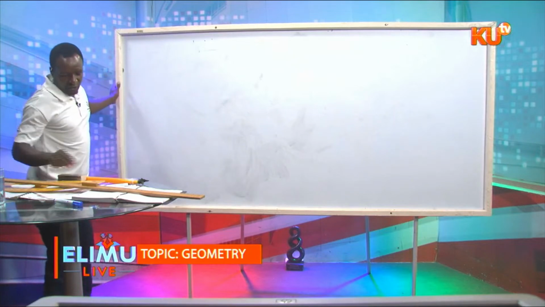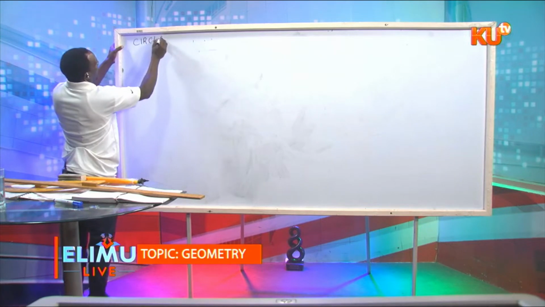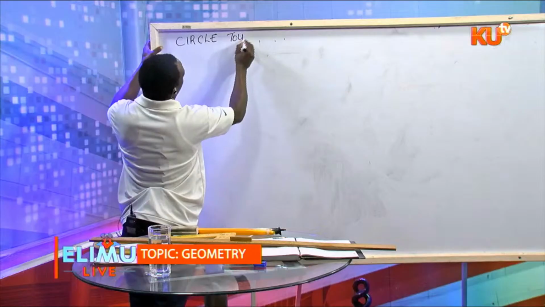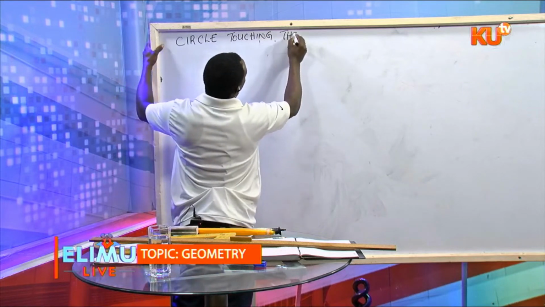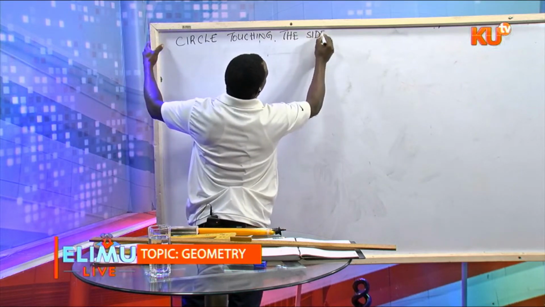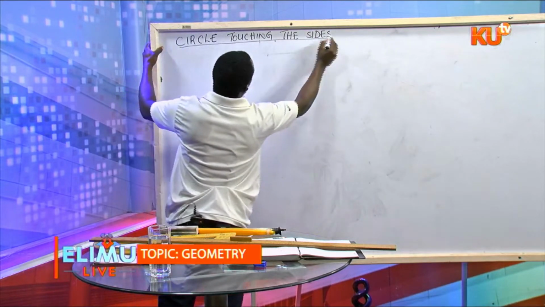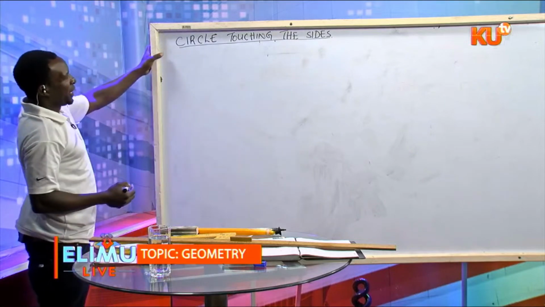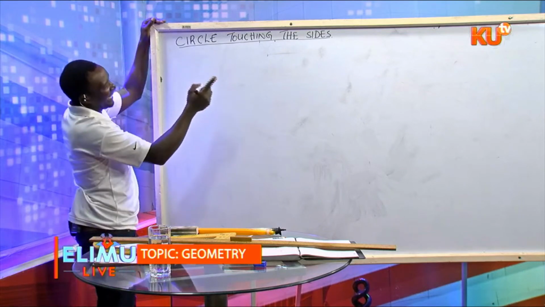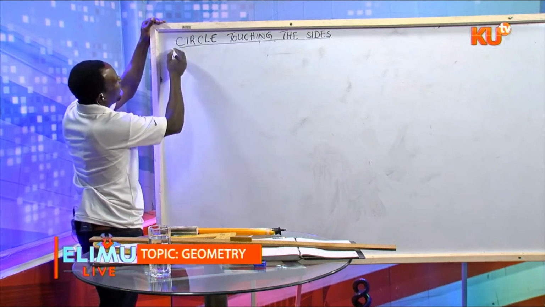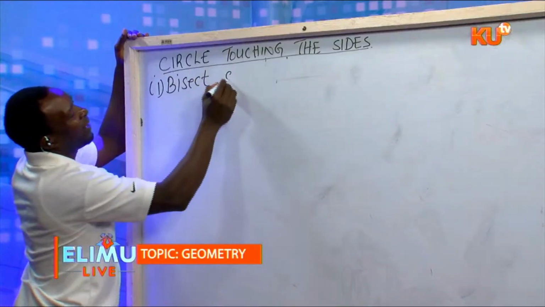This is the construction of a circle touching the sides. Under this one, if you can remember, for the other one we bisect the line. But on this one, we bisect angles.